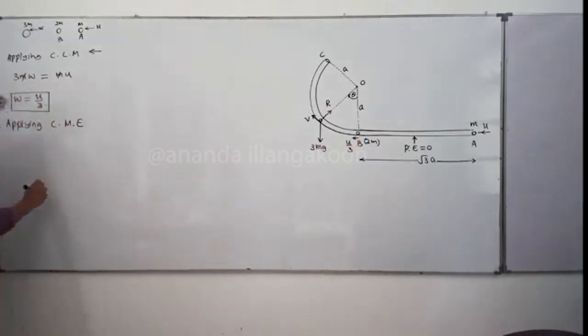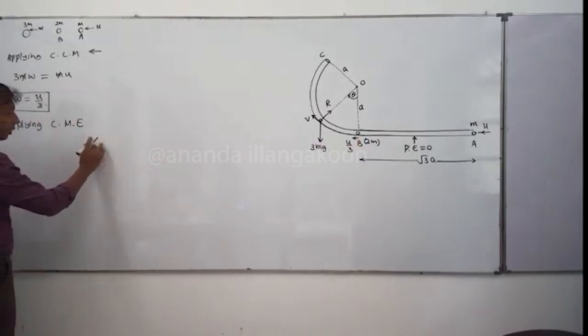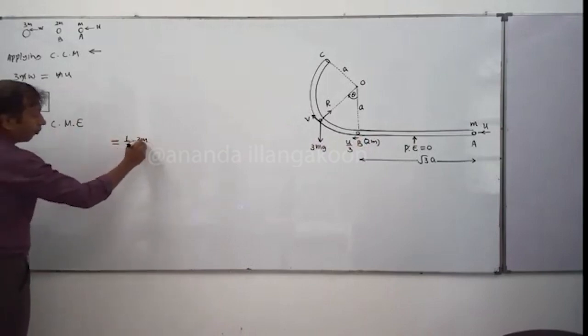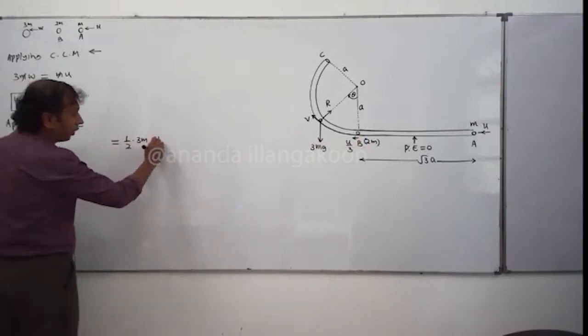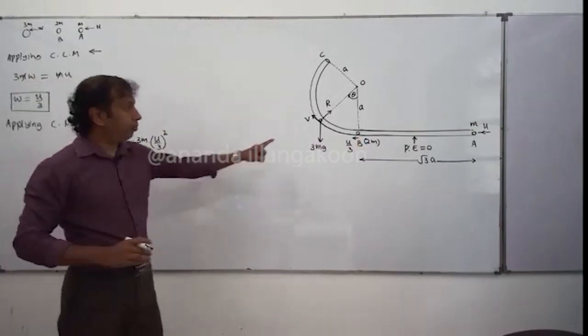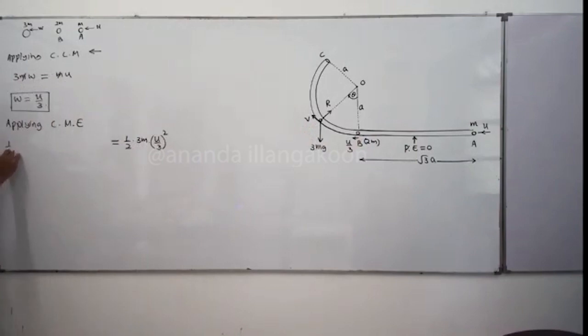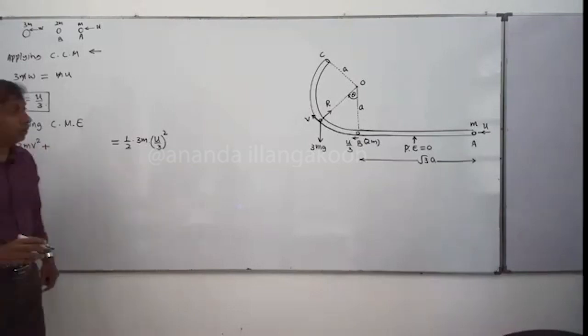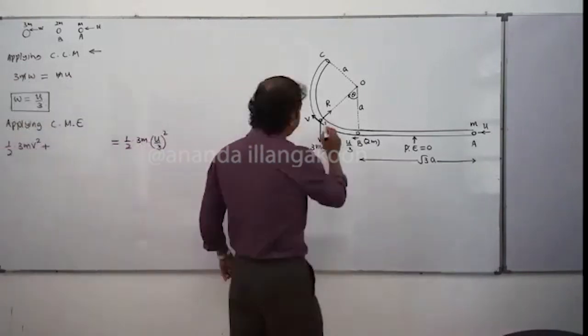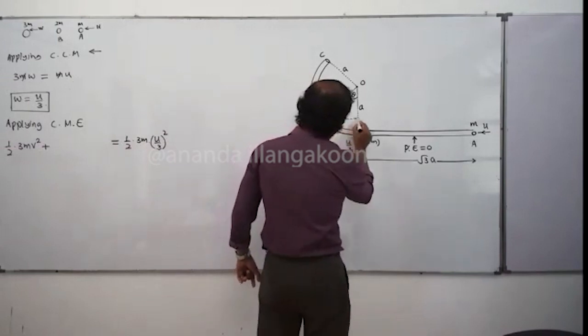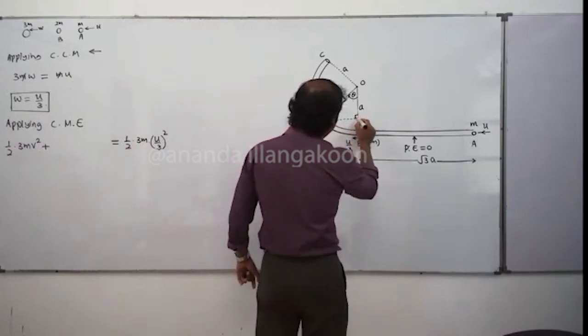So the initial energy is half of mass 3m times velocity u by 3 squared. At this point, the kinetic energy is half 3m v squared plus, there we need this height.